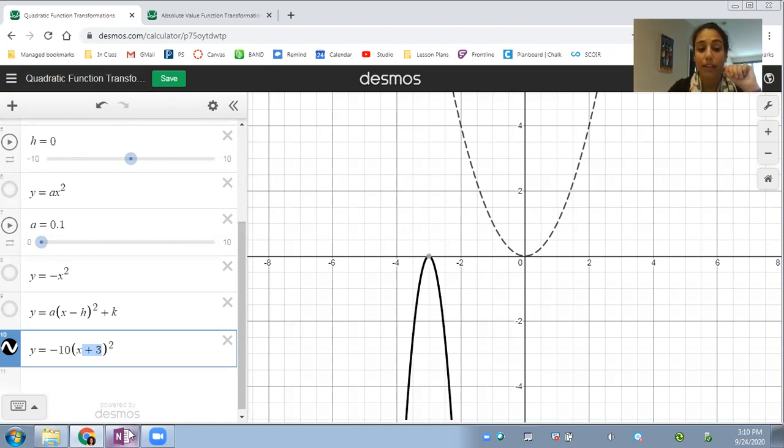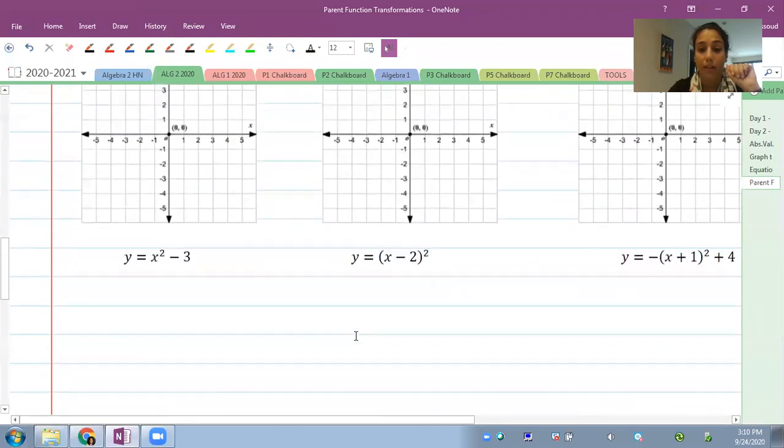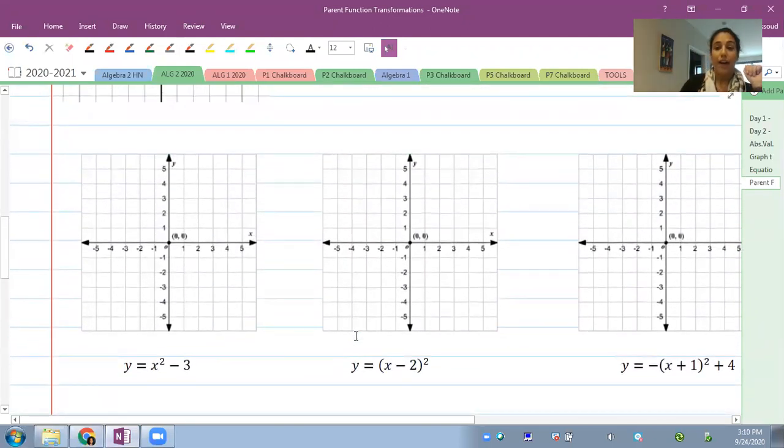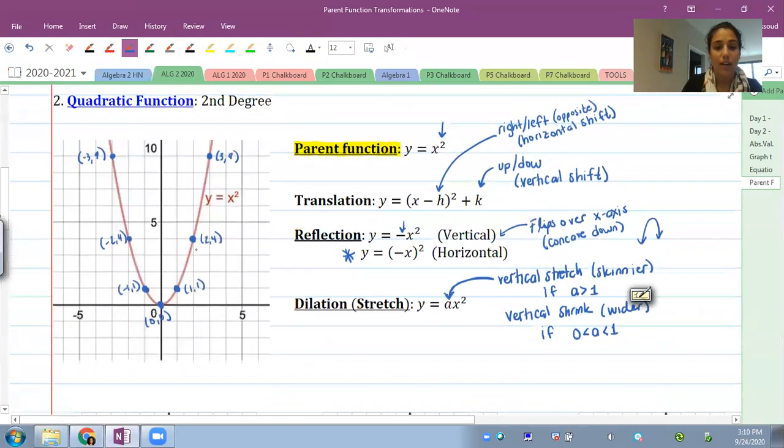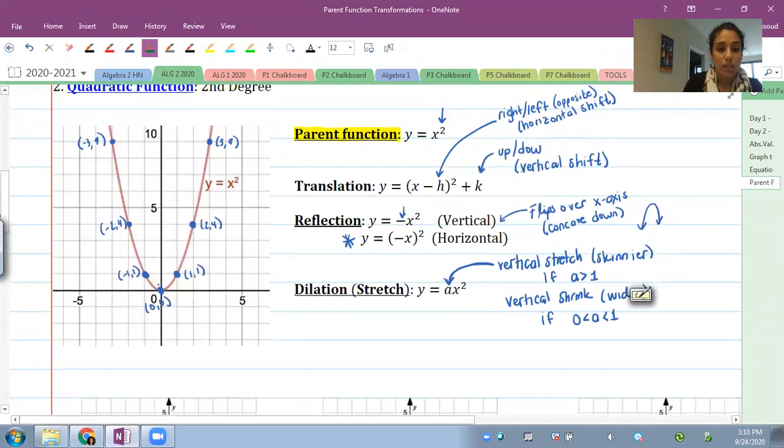Okay, so let's practice graphing a few of these. So if I have x squared minus 3. Now, our parent function always looks like this, right? It is 0, 0. Hold on. I have 0, 0, right?